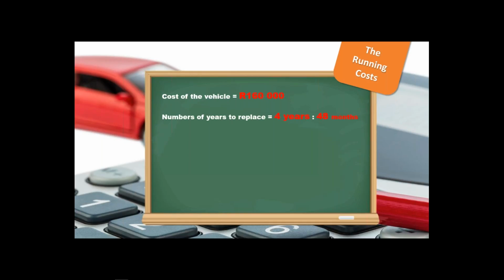So I'm sure you've all worked that out by now. 168,000 divided by 48 gives you 3,333 Rand. Right. So you, in theory, have to put aside or recoup 3,333 Rand each month to buy a new vehicle after 4 years.